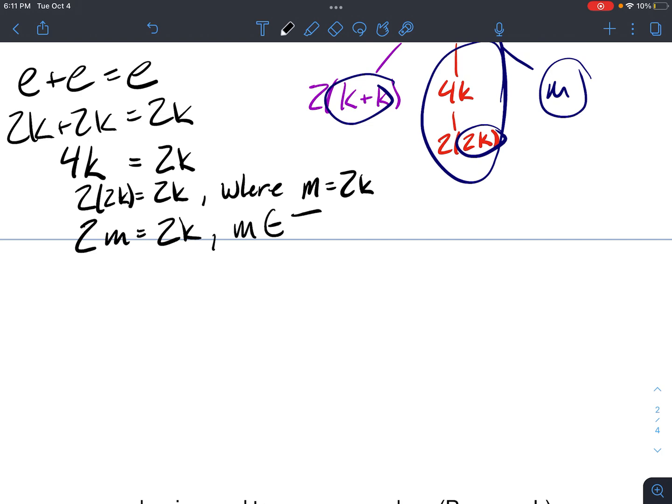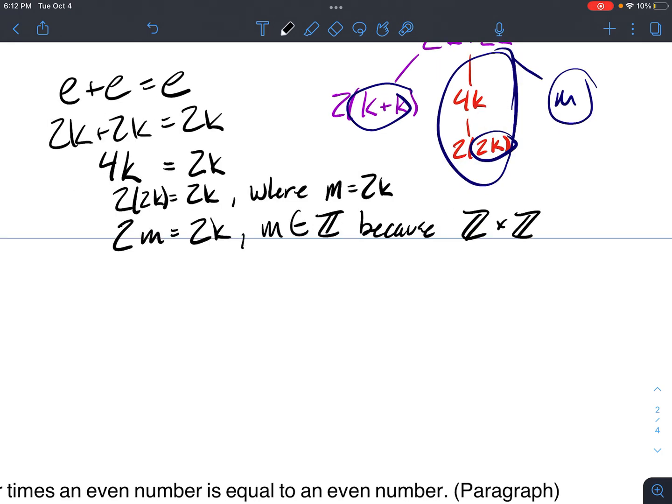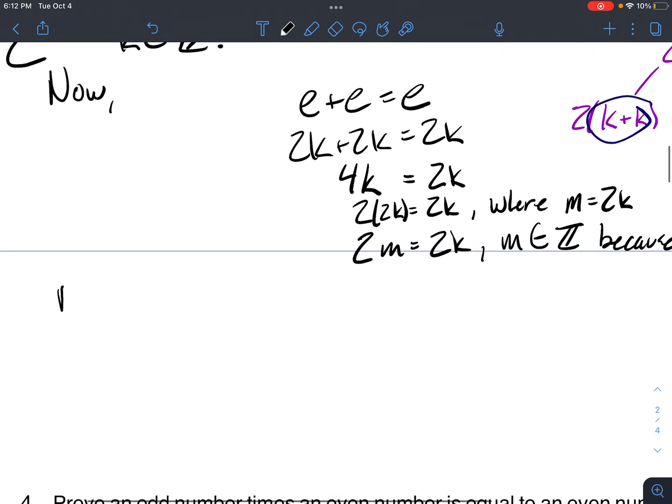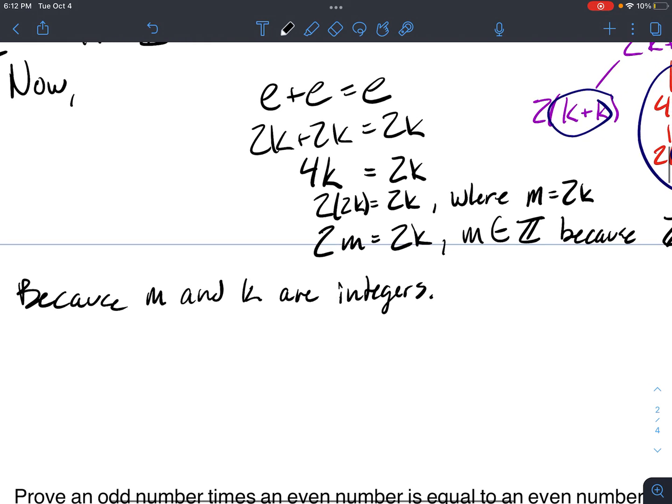M exists in the integers because an integer times an integer is equal to an integer. Now, because m and k are integers, m is equal to k.